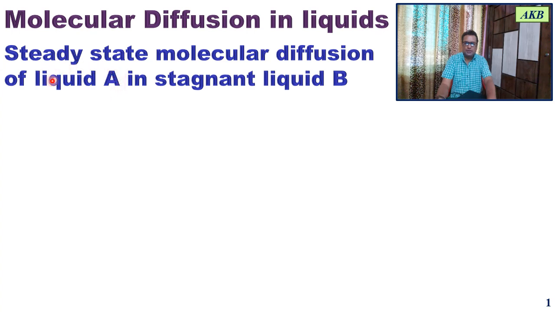The two components are liquid A and liquid B, but in this particular case liquid B is not diffusing, it is stagnant, whereas the only diffusing component is liquid A.